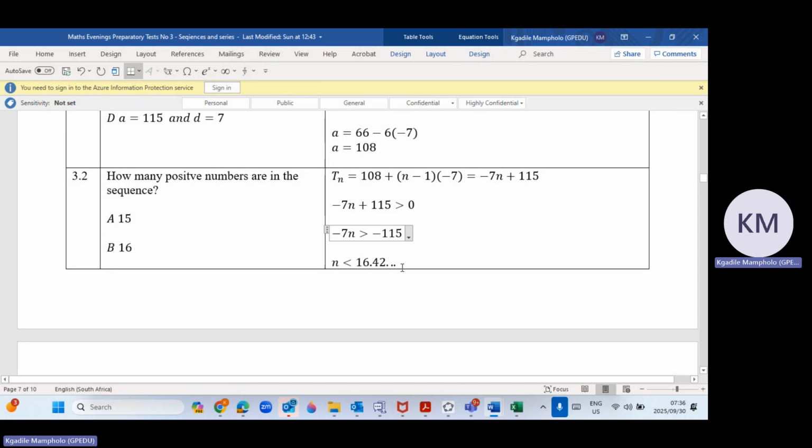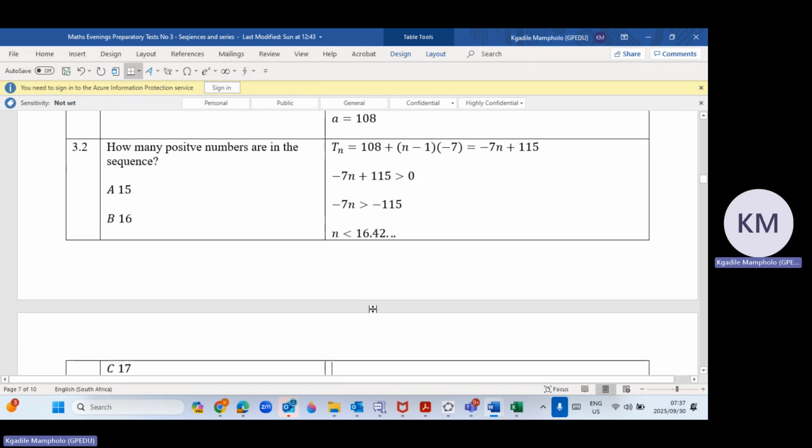Since n cannot be a fraction or decimal, you check the nearest whole number. The nearest whole number that is less than 16,42 is 16, because 16,42 is between 16 and 17. If it's less, you say 16. If it's greater, you say 17.